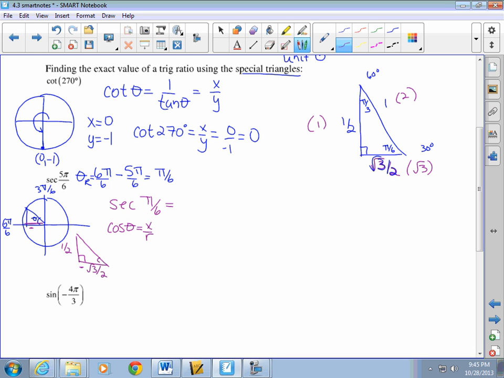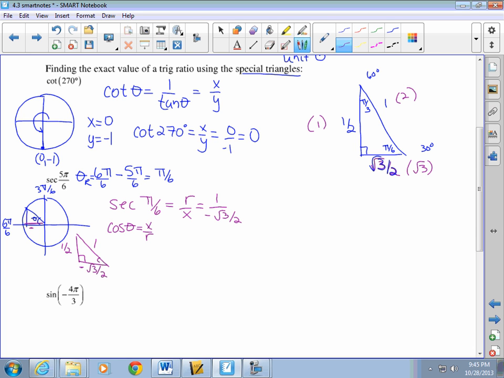So I know if that's my cos, then my secant is going to equal r over x. So my r is a 1. My x value is a negative square root 3 over 2.